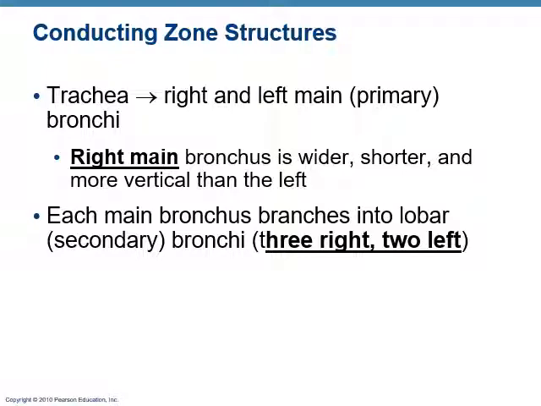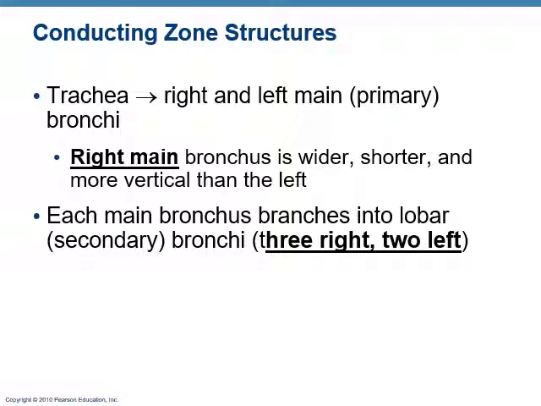Think for a second about why the bronchus on the left side would have to be more horizontal. What would be in the way that would keep it from going vertical? Oh yeah, there's a heart in there. That's right.